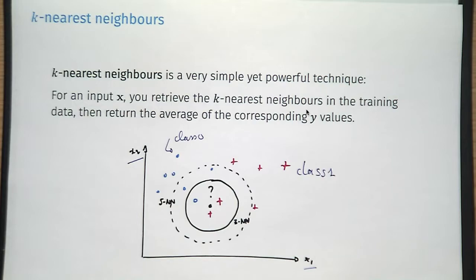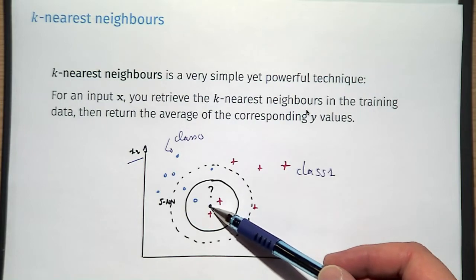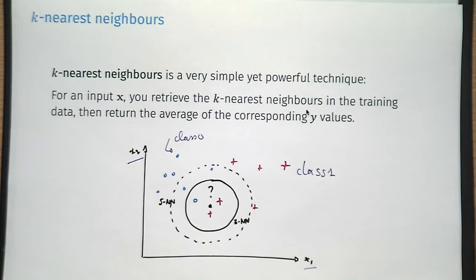So the question you have in machine learning is you want to make a prediction. So if you look at the black point here, that's in your test set or in your application, you want to know what is the expected class for that particular point. And in k-nearest neighbors, very simple. So you look at the k-nearest neighbors in that feature set.